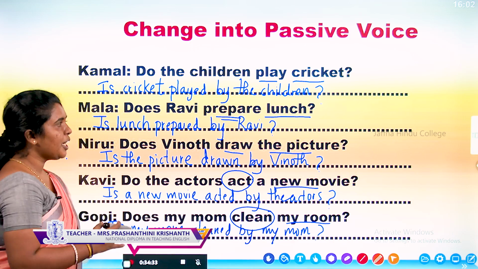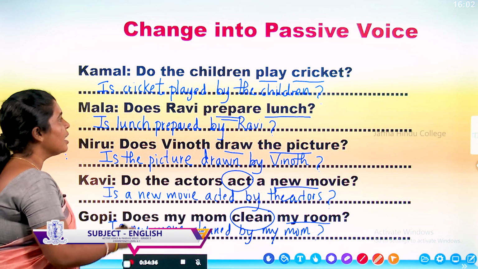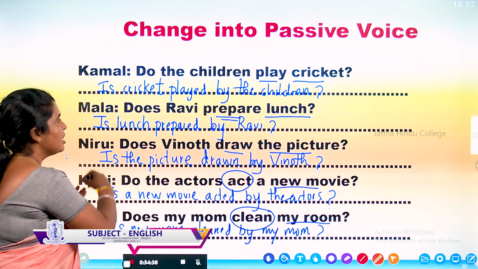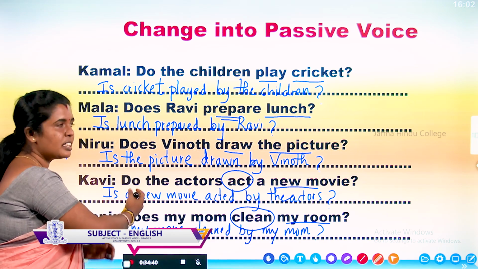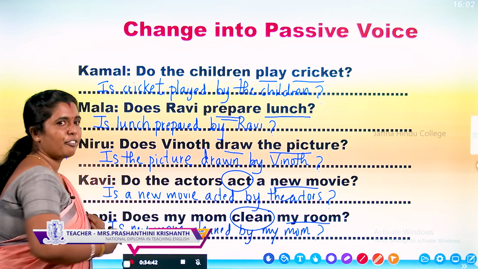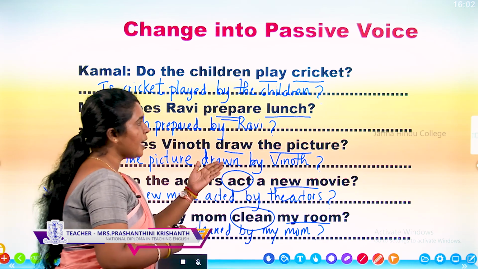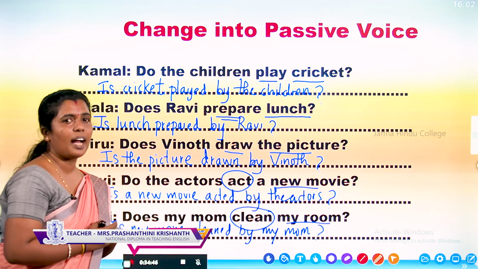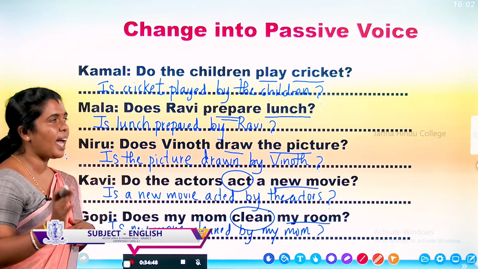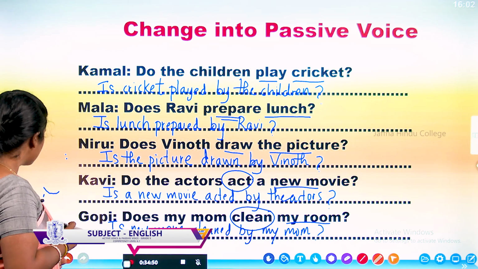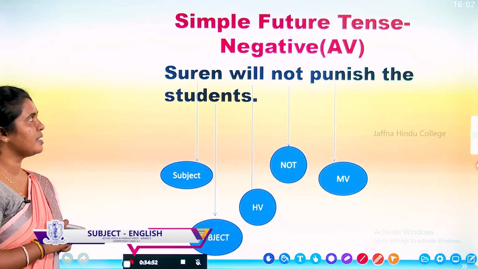Right? So here you can easily identify the helping verb is first, then you put the object, then the past participle form of the verb, then by, finally you add the doer of the action. Okay? So let's move to the next section.